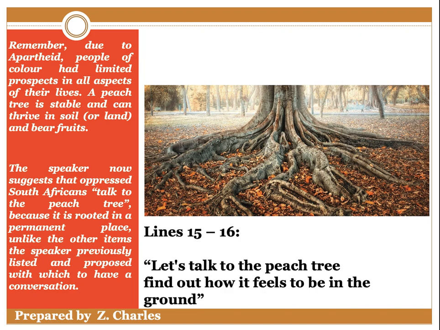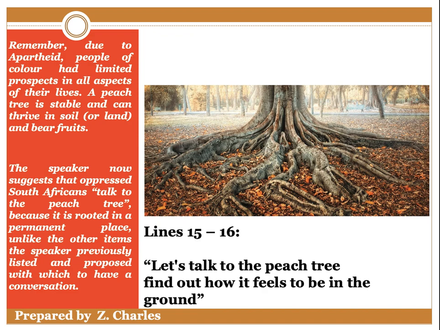Remember, the other items were items that could move around, right? The swallows and the shadows and all of that. But now we get the idea of talk to this peach tree that is fixed in the ground. Ask how it feels to be in the ground. So, I'm going to read this again. The speaker now suggests that oppressed South Africans talk to the peach tree because it is rooted in a permanent place, unlike other items the speaker previously listed and proposed with which South Africans should have a conversation, as I explained.